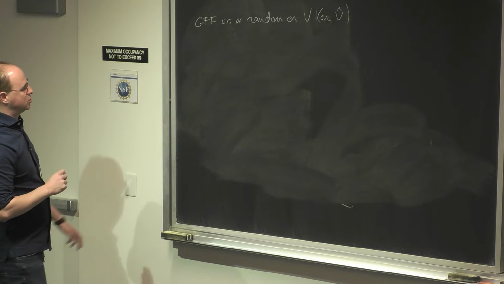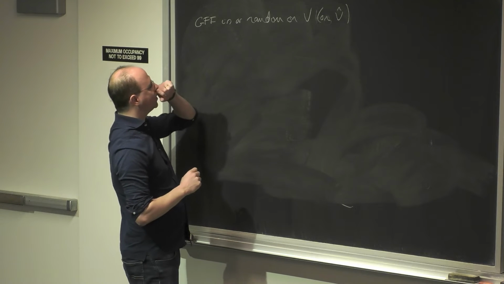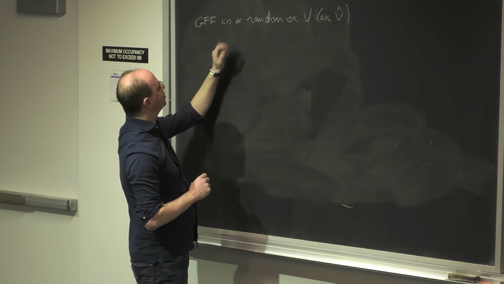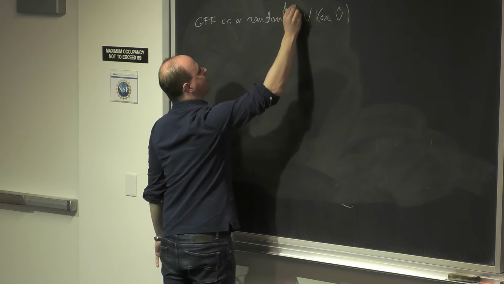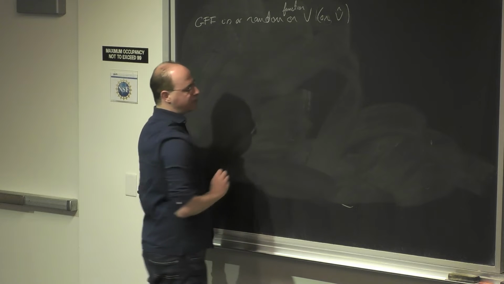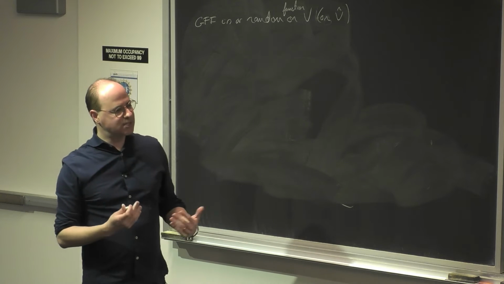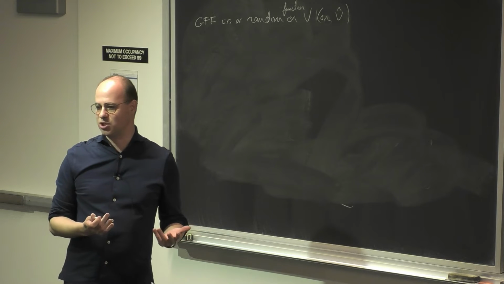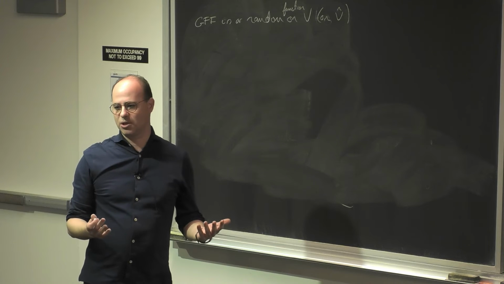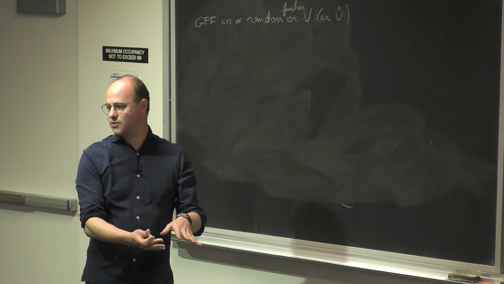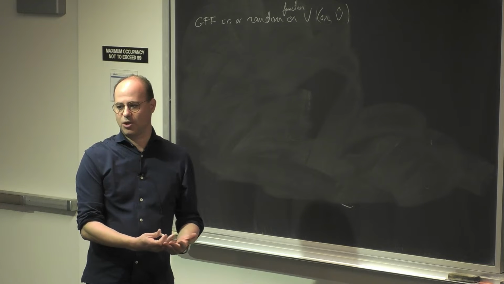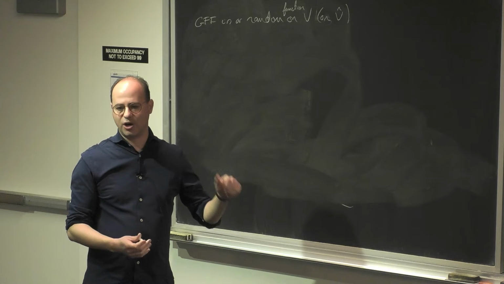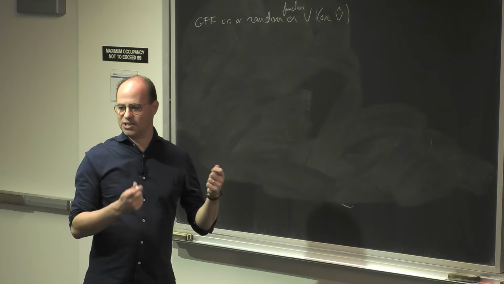And so the Gaussian free field is a random function on the vertices of the graph, which tries to minimize this Dirichlet energy. So the greater the Dirichlet energy, the smaller the weight of this function, and so the less likely is this function. So the Gaussian free field tries very, very hard to keep this Dirichlet energy as small as it can.